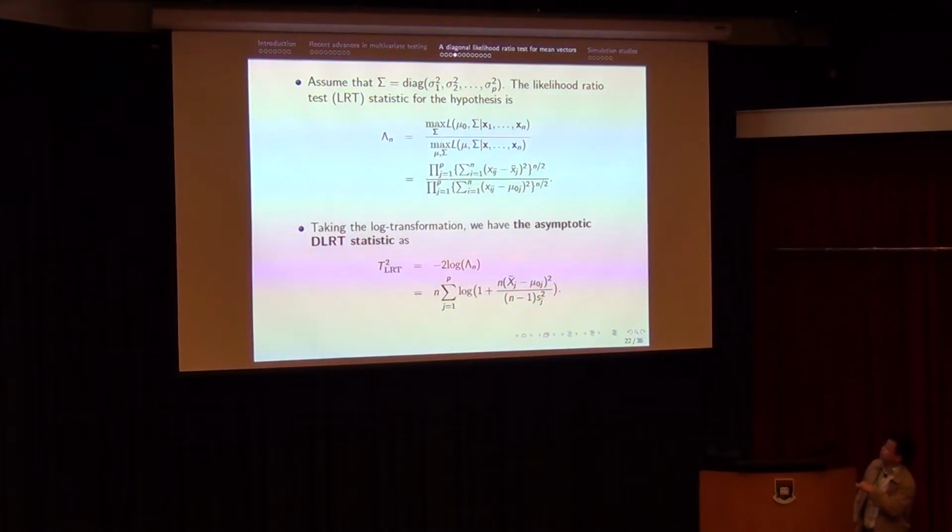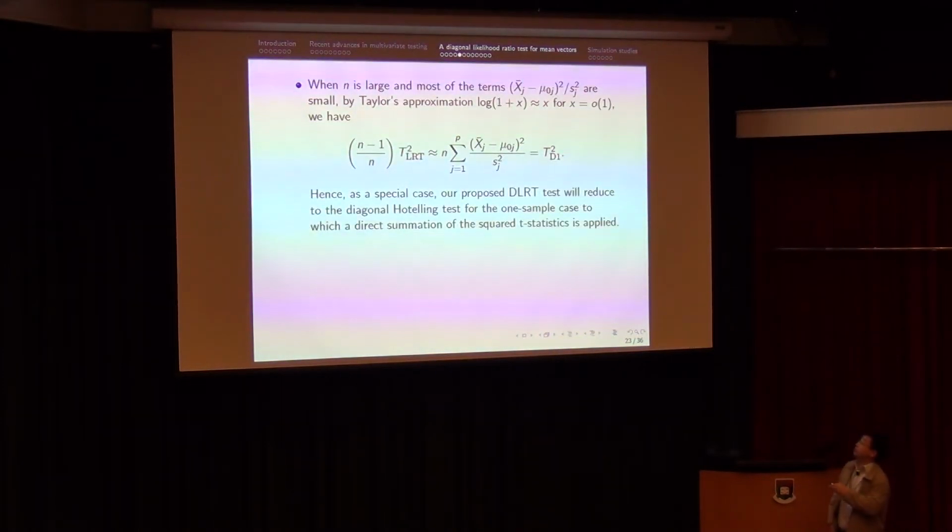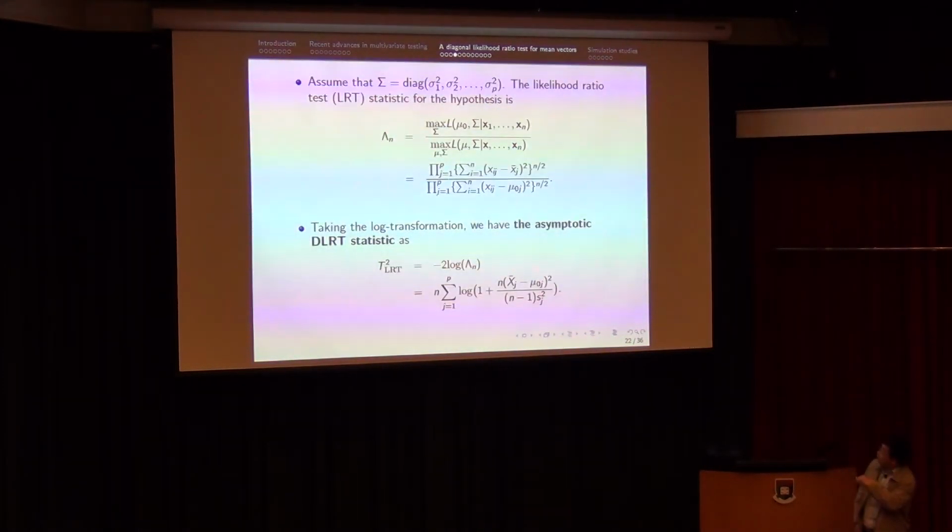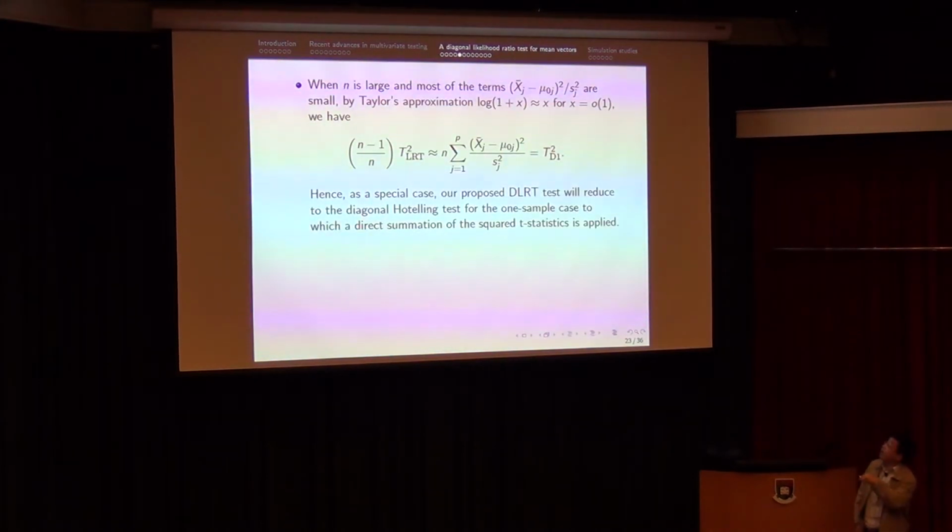So each component in the pathway is a small number, given that each component's term is not that large, which is why we need to take the summation, right? If this is small and we apply the first-order Taylor expansion, we know log(1 plus x) is about x. So in this interesting special case, if we simply apply this approximation, our likelihood ratio version will exactly go back to the diagonal Hotelling. That's the interesting part.